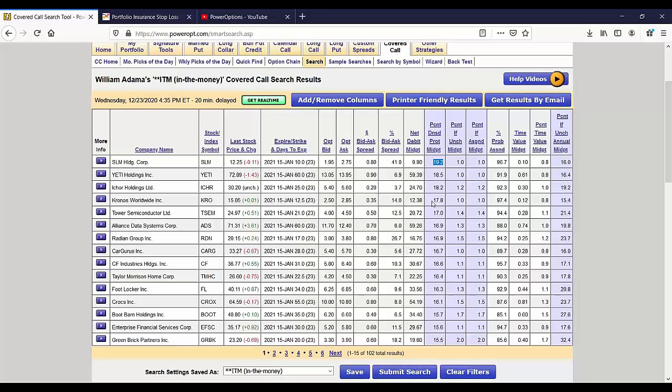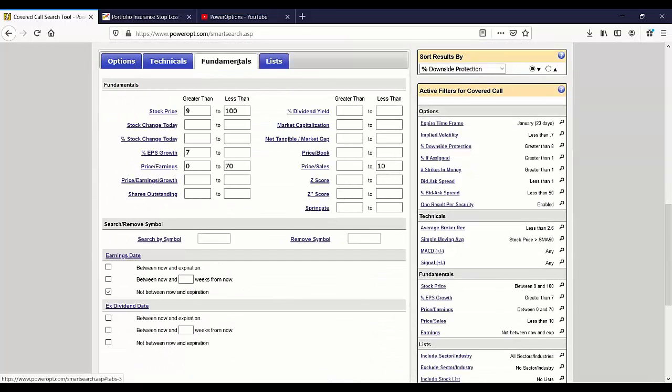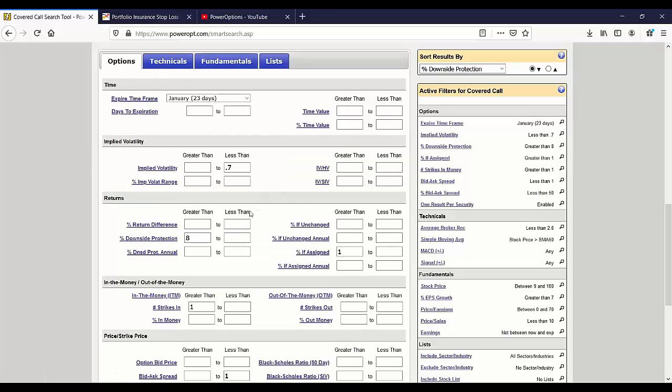That's another way to approach it, is to find the stocks, identify the stocks using the search tool that match your criteria for the stock fundamentals, the stock technicals, and then maybe shy away from the original return you were looking for with an at the money or maybe slightly out of the money covered call, Mike, for more speculation, more potential appreciation, I should say, with the out of the money covered call, and scale it back to look for a higher downside protection with still a percent max if assigned that meets your targets if you're expecting a downturn in the next 20 to 30 days.